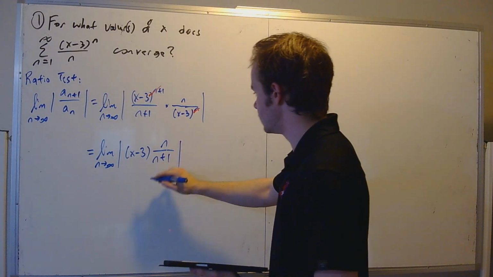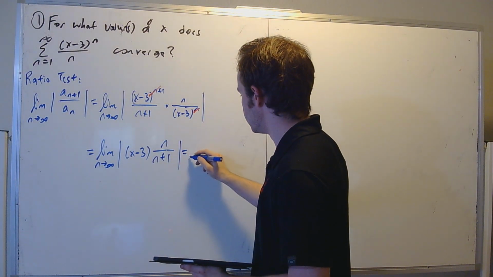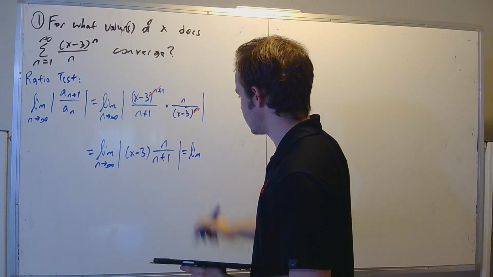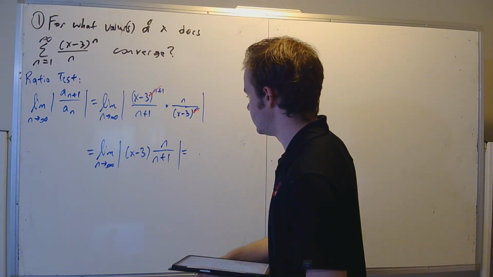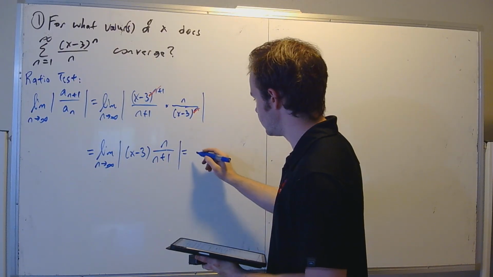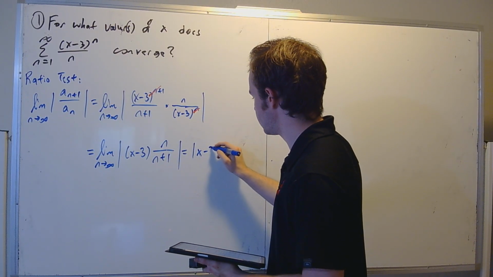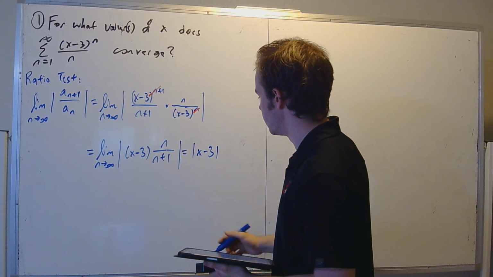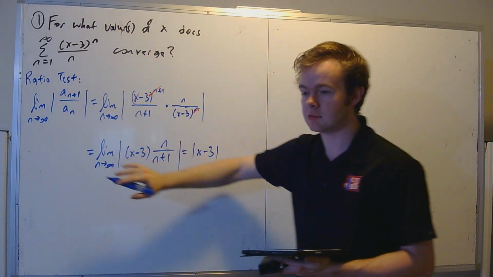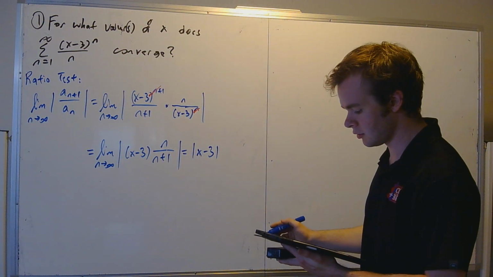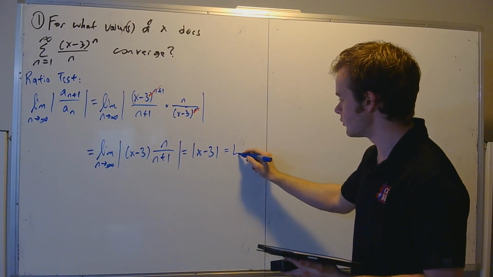Okay, so I'd encourage you to work through that. But here, if you take the limit, you're just going to get the absolute value of x minus 3, because this part is going to go to 1. And let's call this L, sorry.